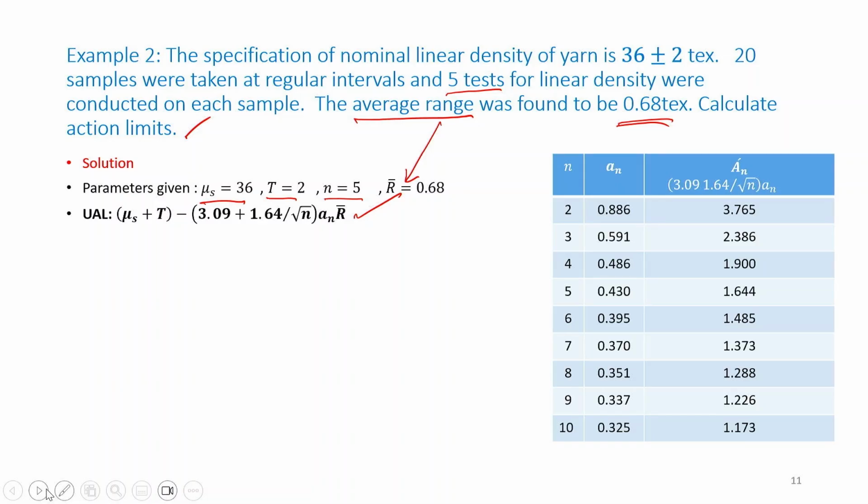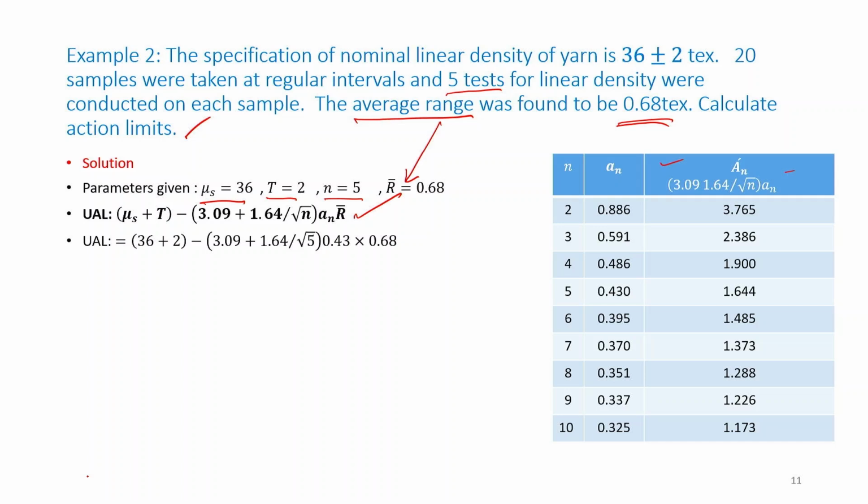The only thing not given is the value of a n. Therefore, we need to consult this table where small a n is given and capital A n also is given. For this calculation you don't need capital A n. I can also do it using small a n.